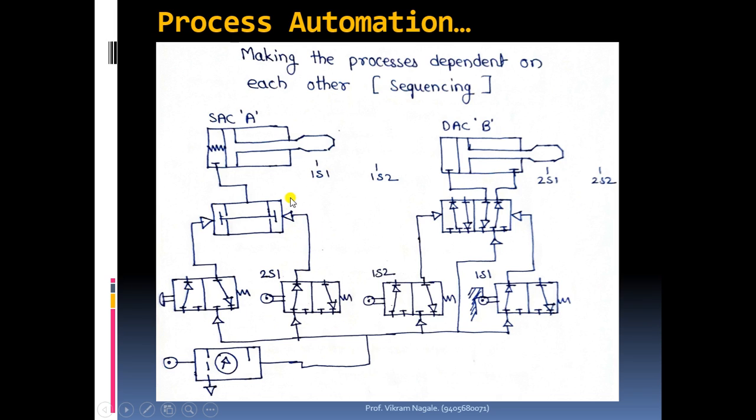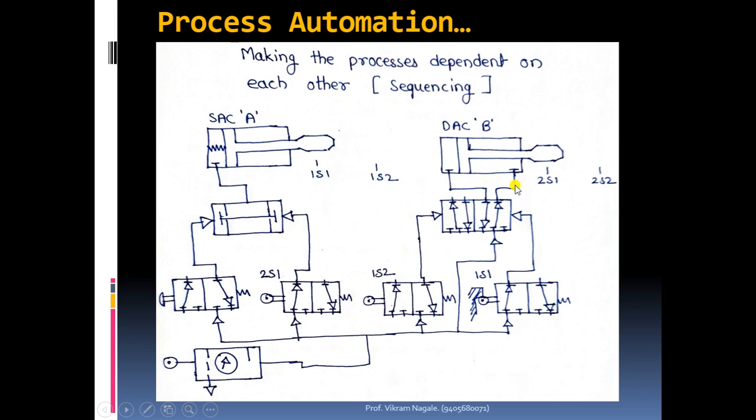Okay, and because of this, the air present on the left hand side of the piston will exhaust completely into the atmosphere, and this spring will take the piston to the initial position, that is the extreme left side. So whenever this rod end is leaving this position, this cylinder will start its leftward or backward journey.